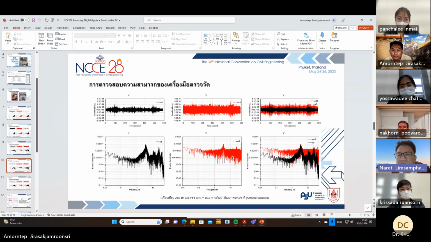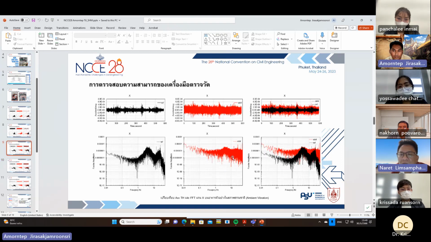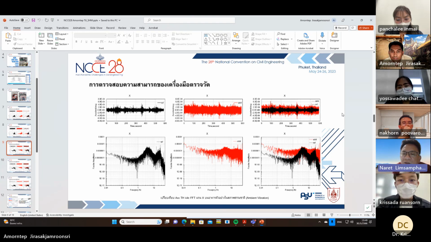Well, that 0.2 mg that we're talking about, when we look at the upper right figure, how can you know that it cannot detect the 0.2? Because it seems that on the upper right figure, we have vibration from both the reference and the low-cost one.